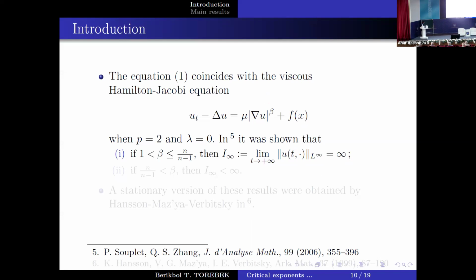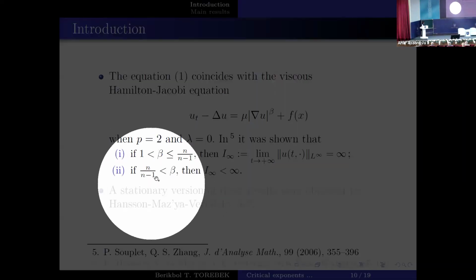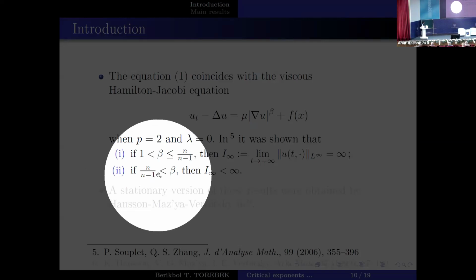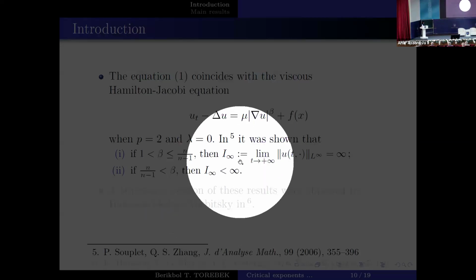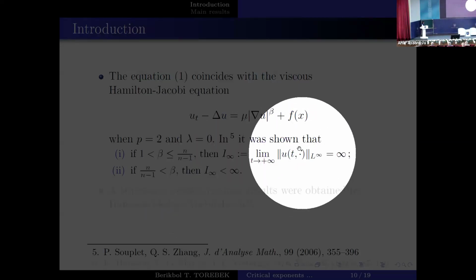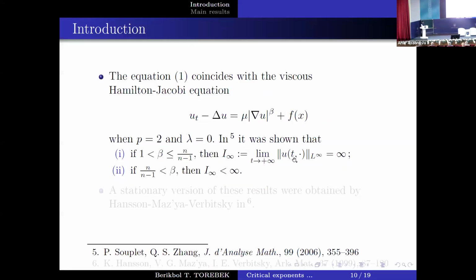But if β is greater than this number, n divided by n minus 1, then when t goes to infinity, this norm will be finite. In both cases, we have a global solution, but in the first case, it can grow up when t goes to infinity, but in the second one, it's bounded.